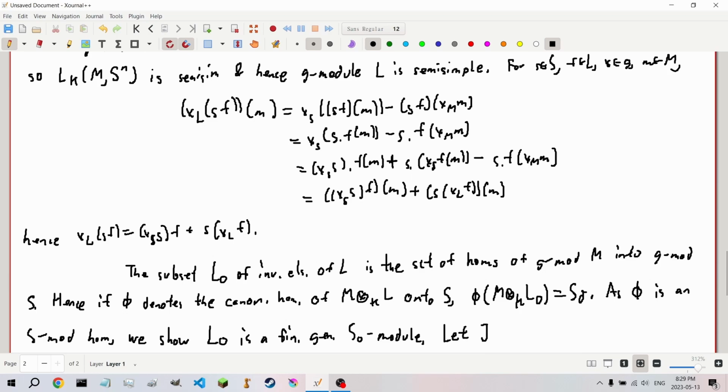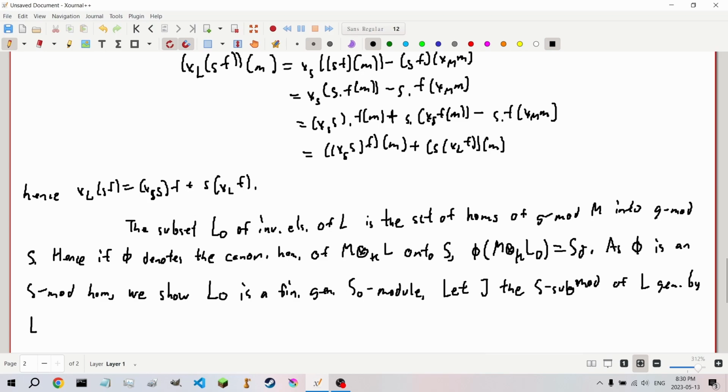We're going to let J be the S submodule of L generated by L0.